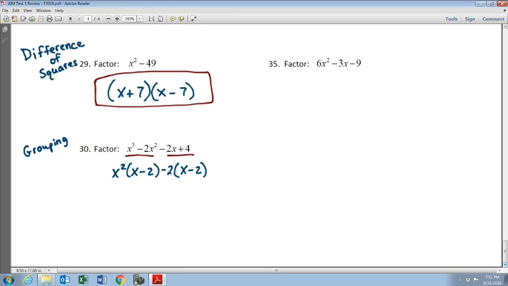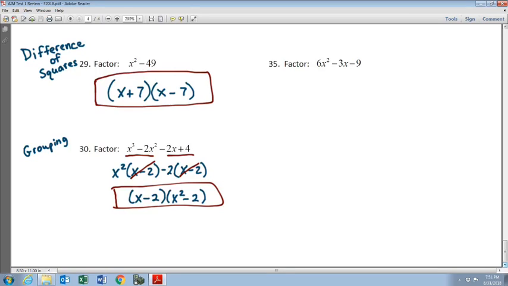Notice negative 2 times negative 2 gives me 4. So my GCF here is x minus 2. And if I cross those out, I can see the other factor is x squared minus 2. And once again, you could always multiply these two binomials out, and you would get what we started with.